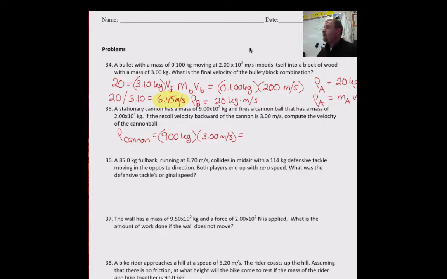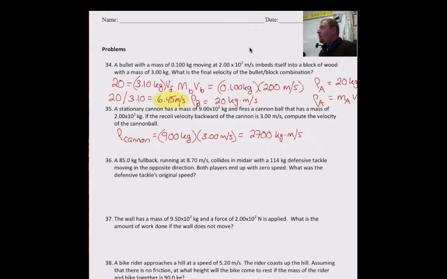If you multiply those two numbers out, 900 times 3, you should get 2,700. And that is the momentum that you're working with.